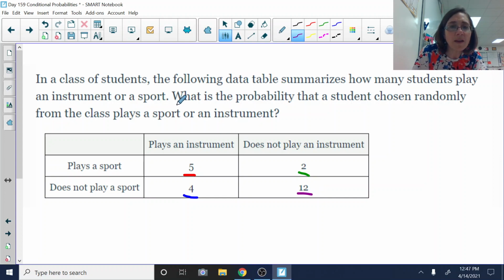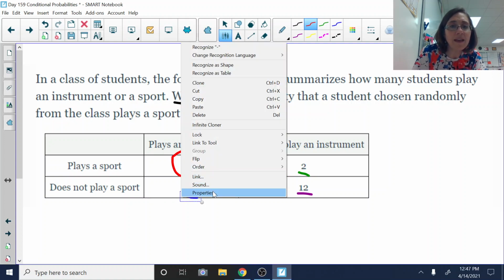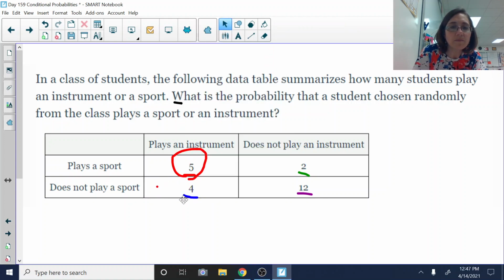So if I go back up to the question again, it says, what is the probability that a student chosen randomly from the class plays a sport or an instrument? So these 5 kids, do they play something? Yes, they do. They play both, actually. These 4 kids down here don't play a sport, but they do play an instrument. So they play something, they count.